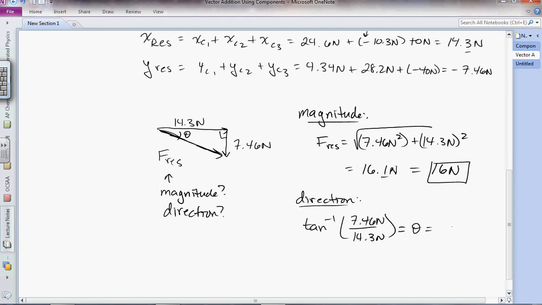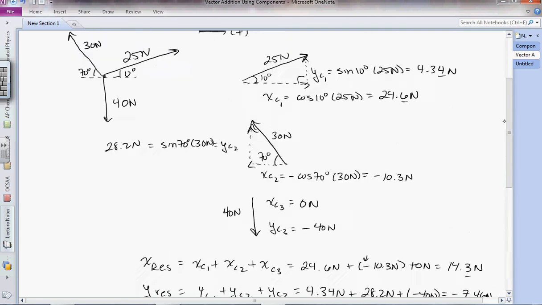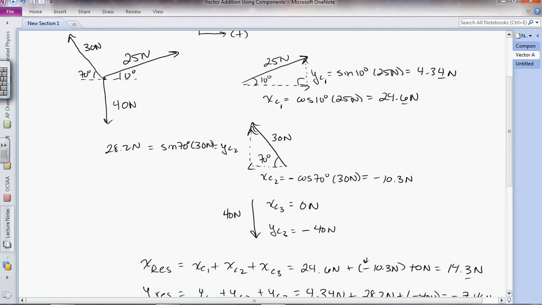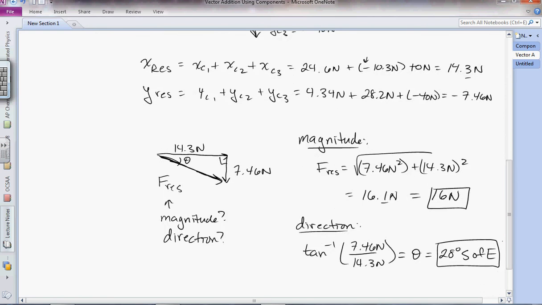And so theta is equal to 28 degrees to our sig fig limit, 28 degrees south of east. And that is the answer to the question. So those three forces, 30 newtons plus 25 newtons plus 40 newtons with their respective angles, added together would produce a force of 16 newtons, oriented at 28 degrees south of east.